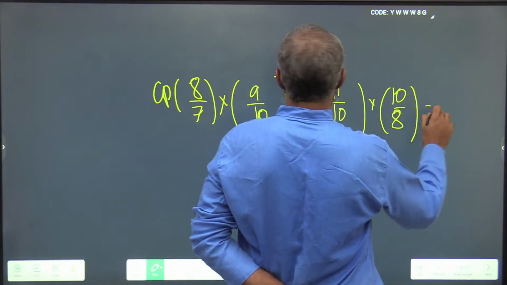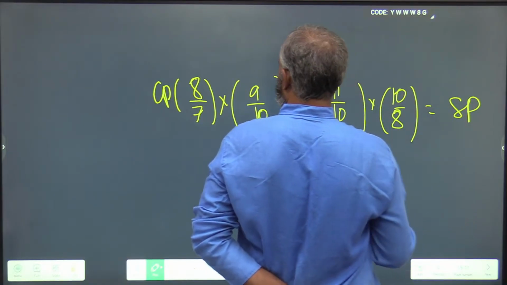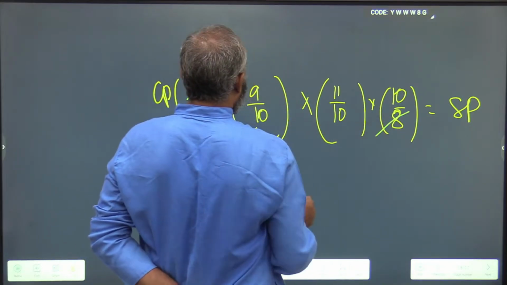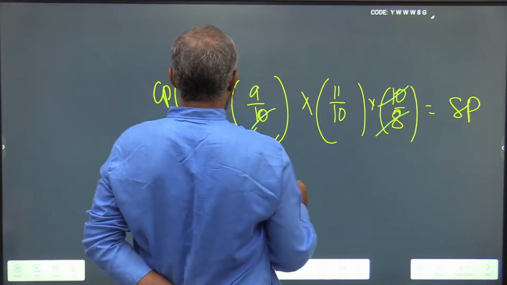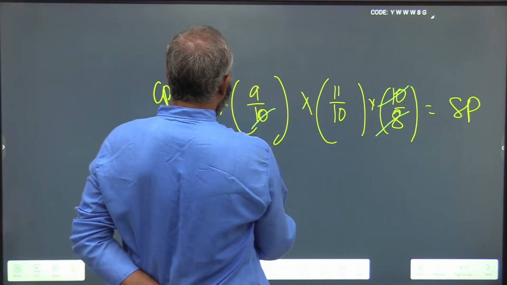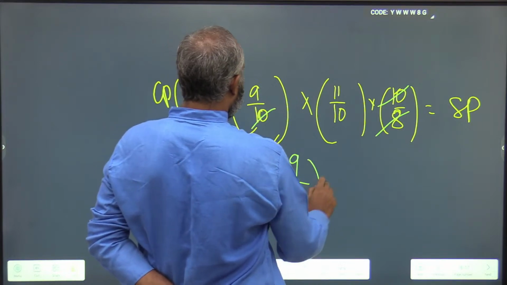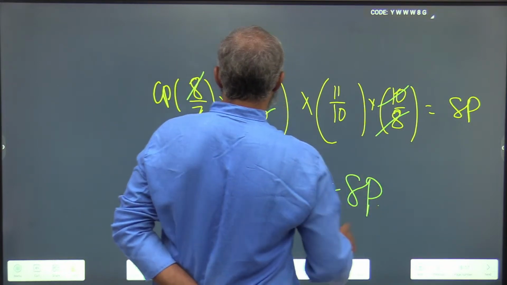This is SP. So let's take out the commons here. 8 gone, 10 gone. So this becomes CP into 99 by 70 equals SP.